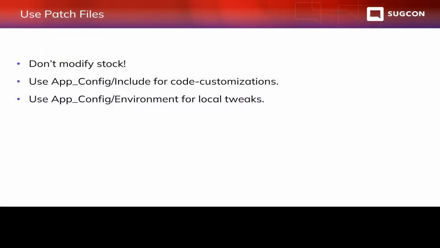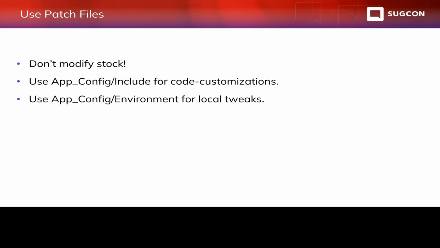Okay, so basics. I think everyone here knows this. Don't modify stock configuration because you're just going to open yourself up for a world of pain trying to figure out what you did and what Sitecore did. We have app-config include for stuff that's part of your project, and then with, I think, Sitecore 9, we got app-config environment if you want to do little logging tweaks, so I think that's well known.